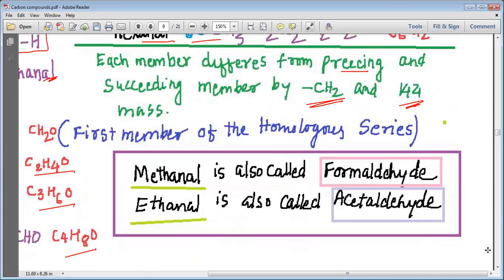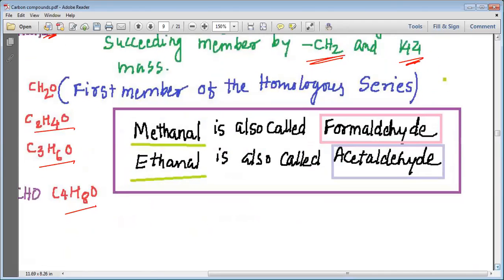Now the first member of the homologous series is methanal. Methanal is also known as formaldehyde. Please remember, my dear students, that methanal is also known as formaldehyde.